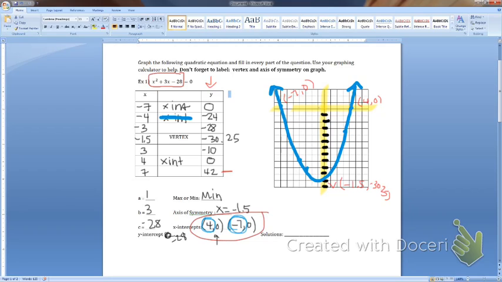And the last thing that I need, you're remembering, is your axis of symmetry. Then we label our axis of symmetry: x equals negative 1.5.